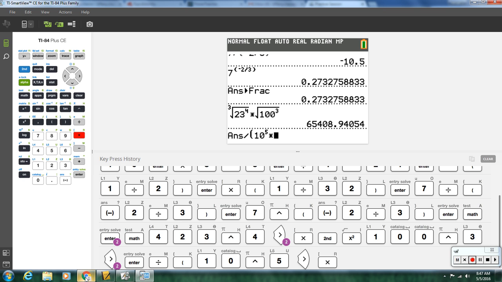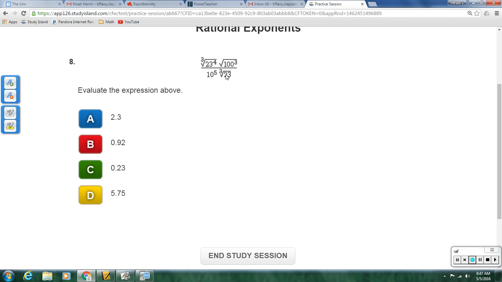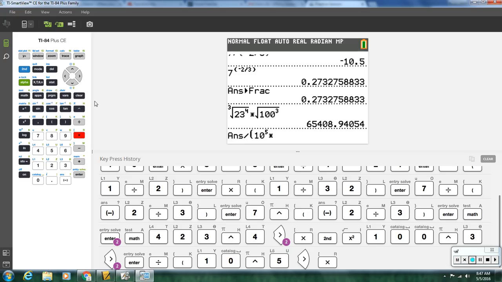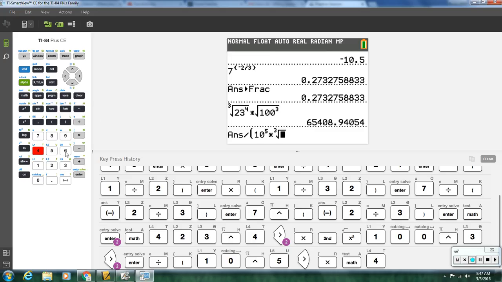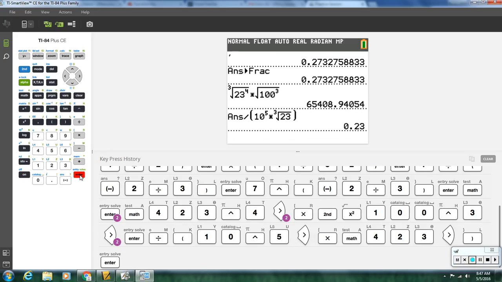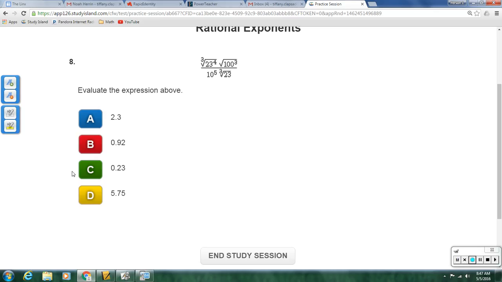Times the cube root of 23, and I'm going to close my parentheses. Anybody else get that? 22.3, was that an answer? So it's not hard, it's just a matter of knowing how to put it in the calculator.